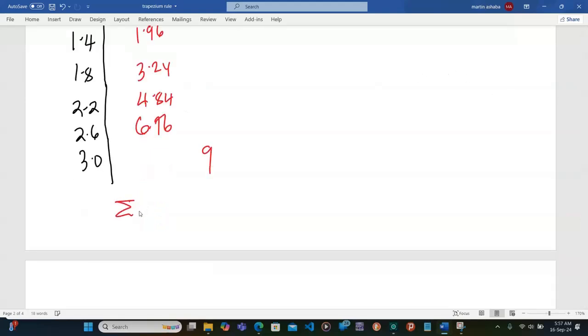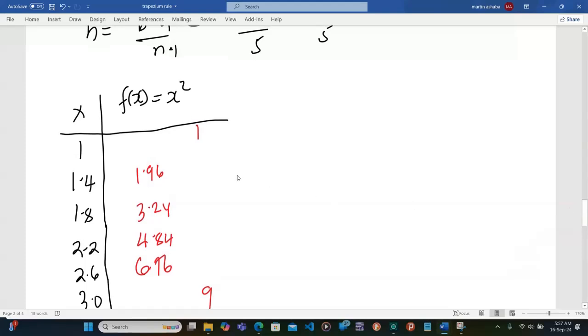So we sum these values, because these are intermediates. So we have f of xi, f of xn and f of x naught.